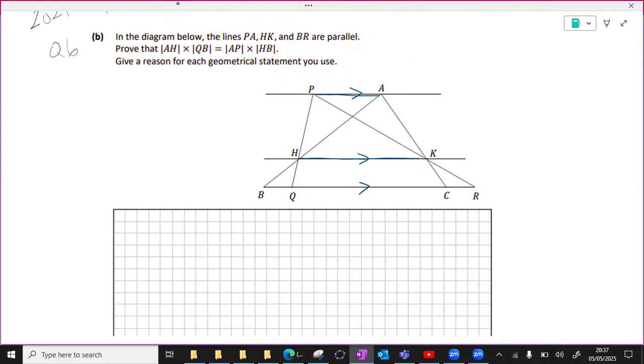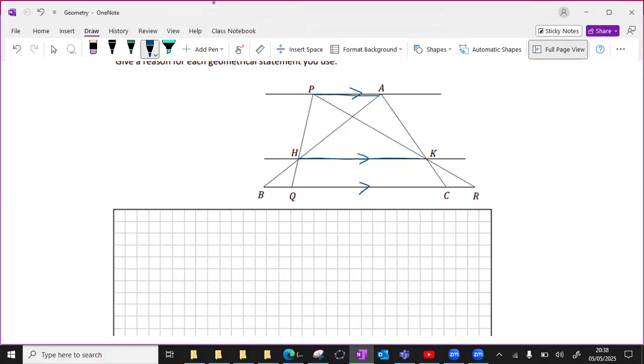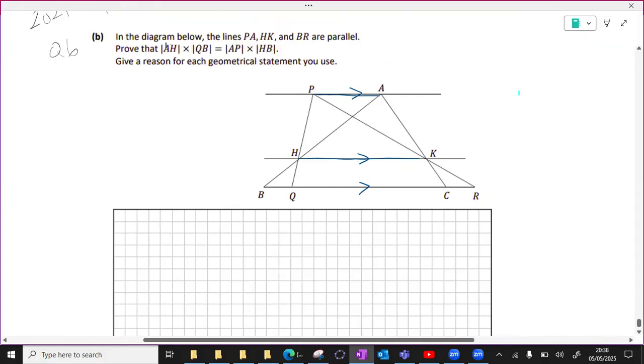Now, this may look a little bit confusing, but it's going to be a similar triangle thing. I'm going to highlight the sides they're talking about, just so we're focused on what section of the diagram we're interested in, because there are so many lines. They've mentioned AH, QB, AP, and HB.